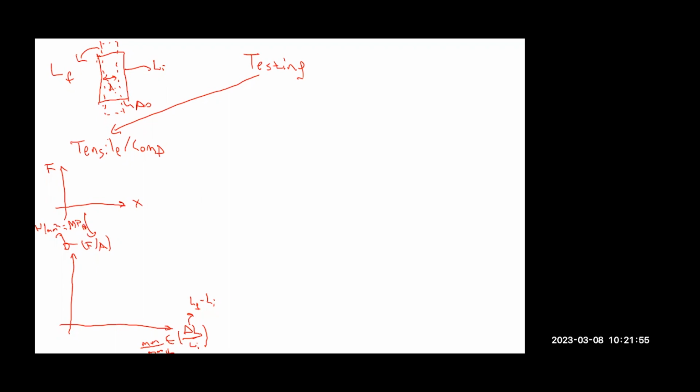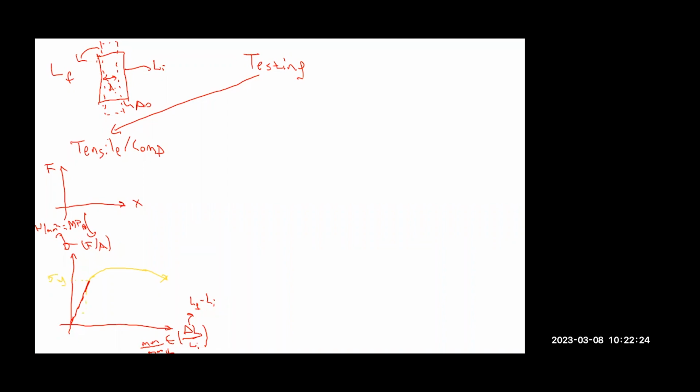For brittle materials, we have only an elastic region. But for ductile materials, we also have some plastic region. Then the stress that separates the elastic region from the plastic region is the yield stress.